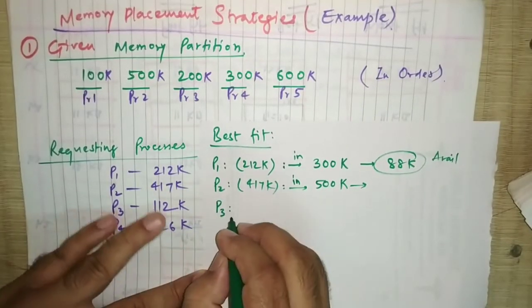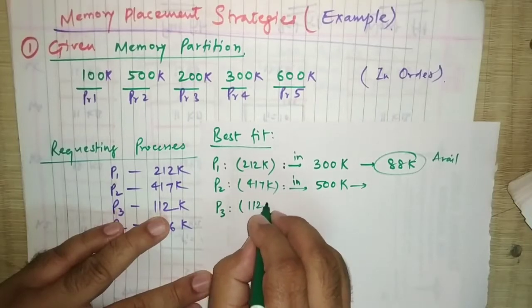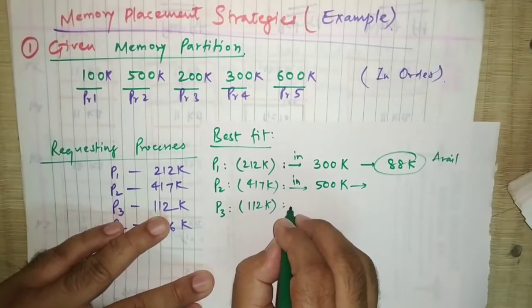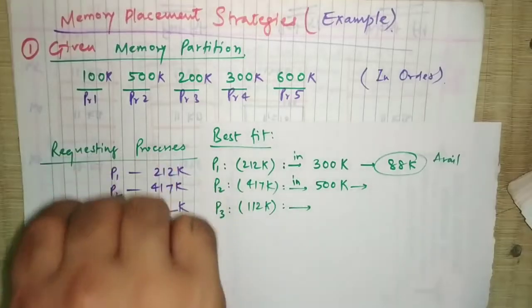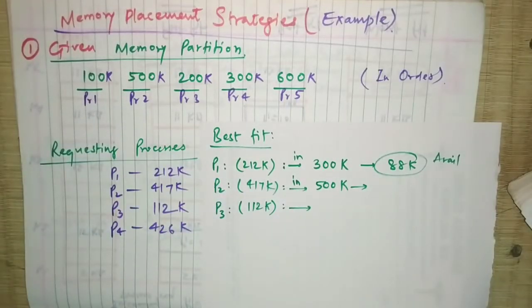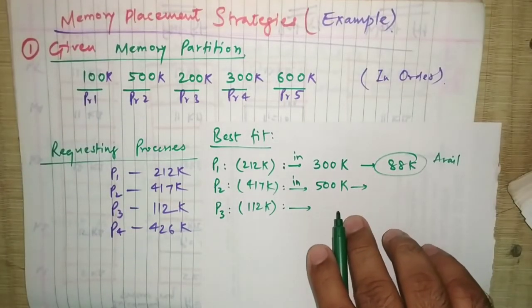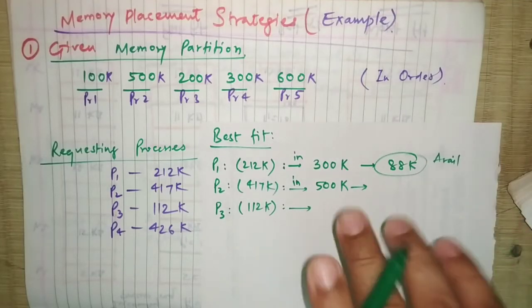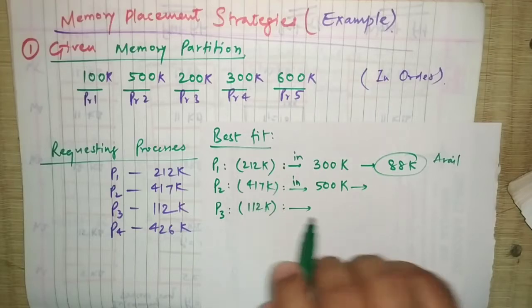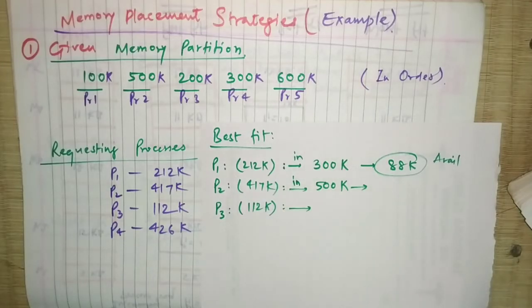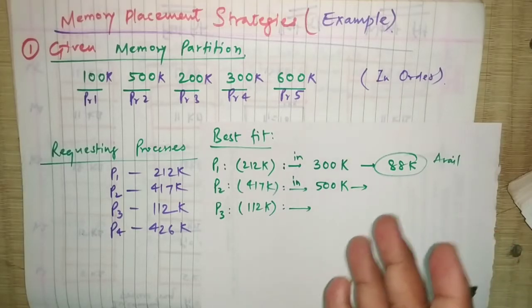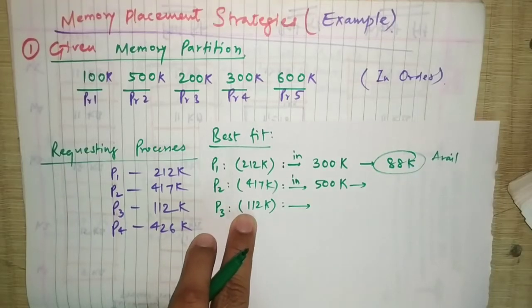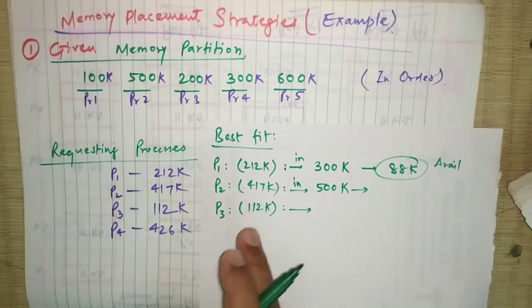P3 has a requirement of 112k. We'll start with the first one. 100k not possible. 500k is already used, and we don't have enough space there. 500 minus 417k, only 83k will be remaining, so in that 83k we cannot fit P3.